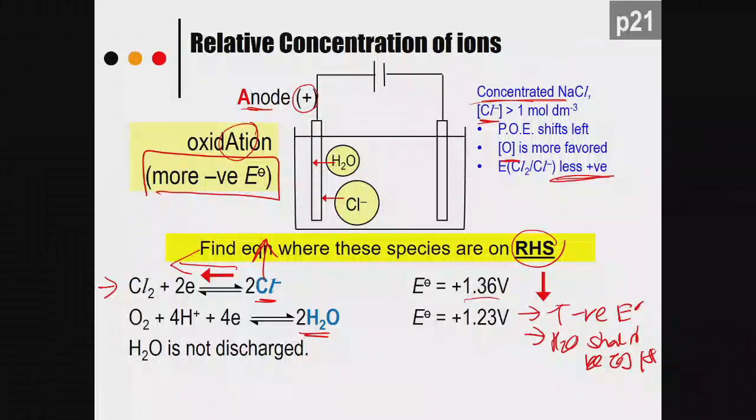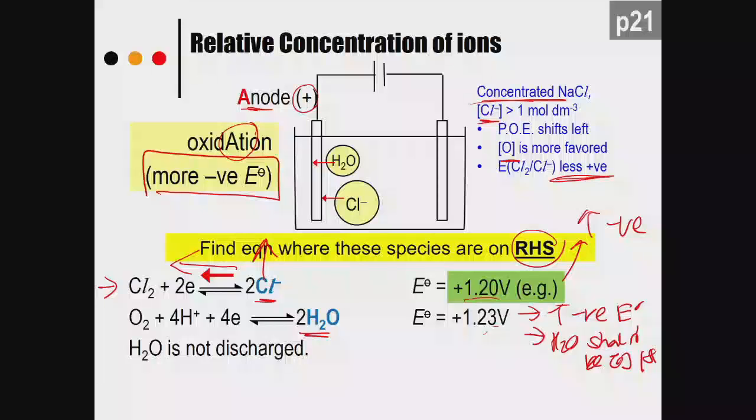And what is the effect? Plus 1.36 and plus 1.23, the values are very close to each other. Because it becomes less positive, the plus 1.36 could become a value like 1.20. Can you see that it is now the more negative E0 value?